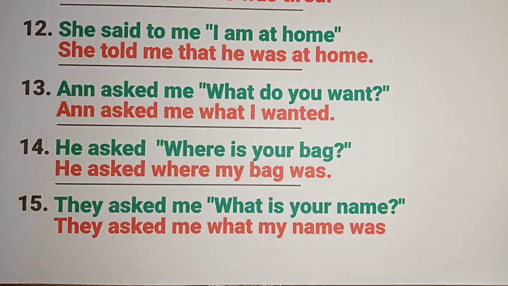So you can understand. Now look at the example number 15. They asked me, what is your name? Then we change this into a statement form. What your name is.